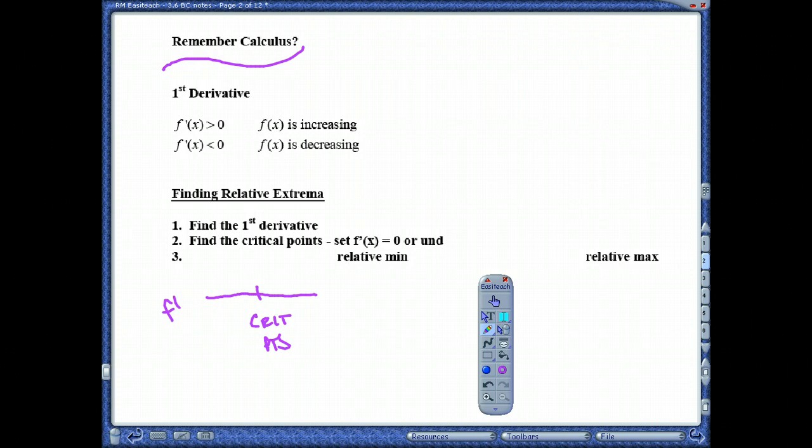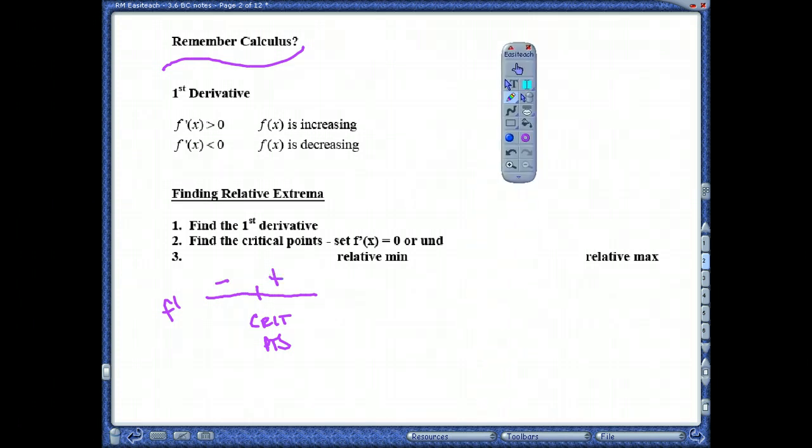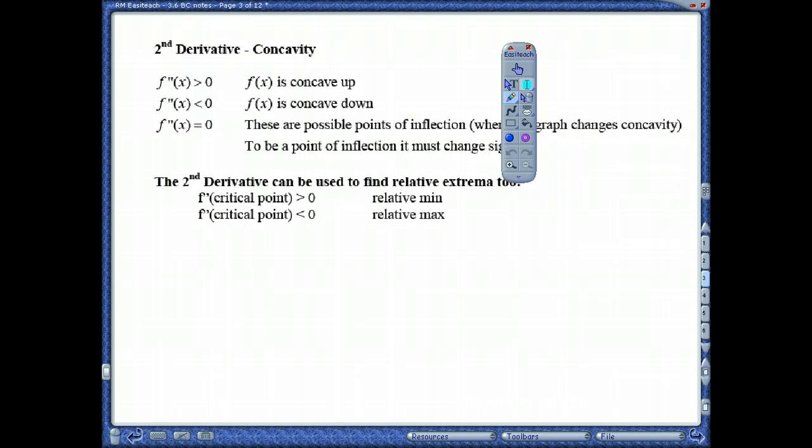If we are negative then positive, that means we are decreasing then increasing, so we're a relative minimum. If it goes the other way, however, we're positive then negative, that means we're increasing then decreasing, we're a relative max.